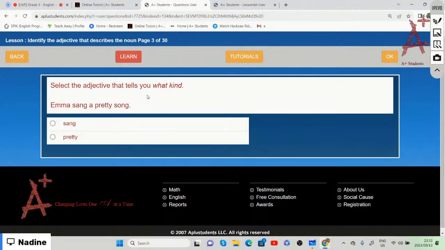Emma sang a pretty song. We need to select the adjective that tells you what kind of song Emma sang. Is it sang or is it pretty? That tells us what kind.